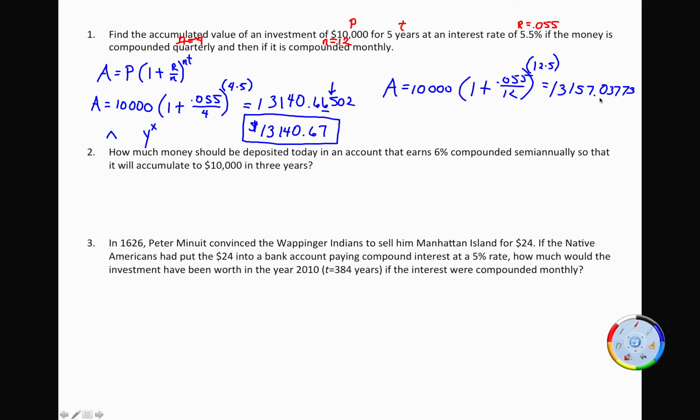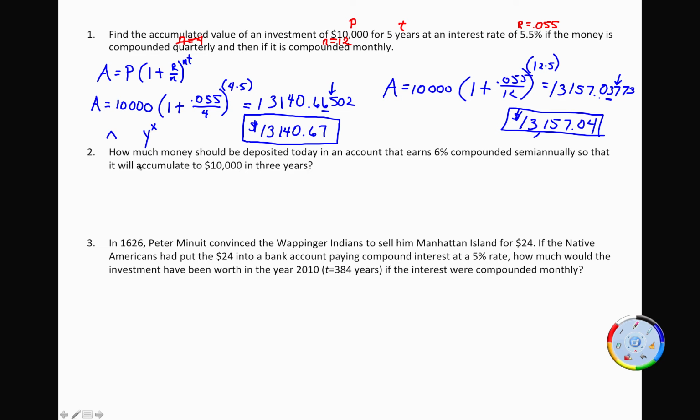So again, I'm going to round this to the nearest cent for a final answer of $13,157.04. Notice with the extra compounding, that earned me an extra about $17.